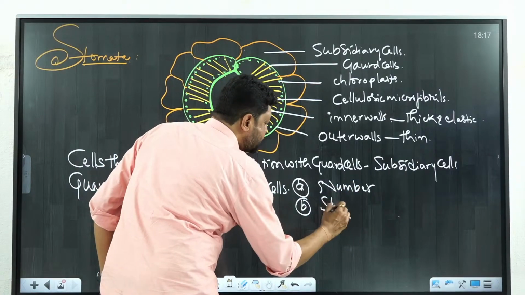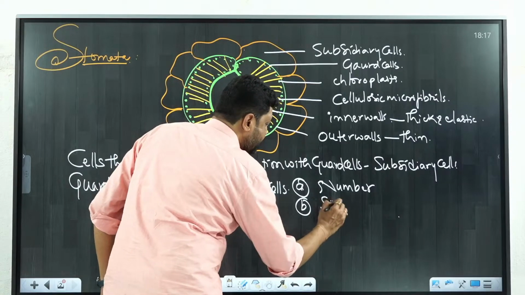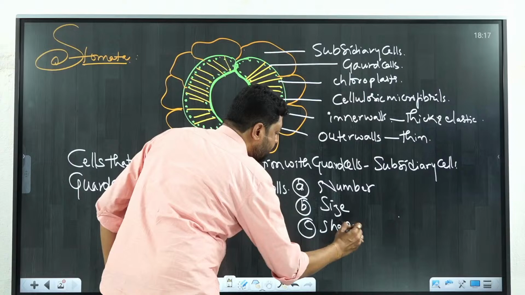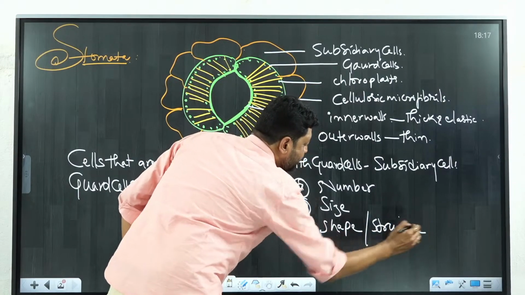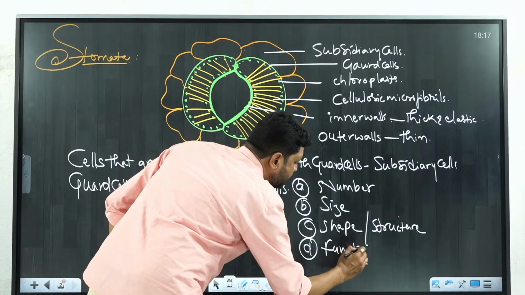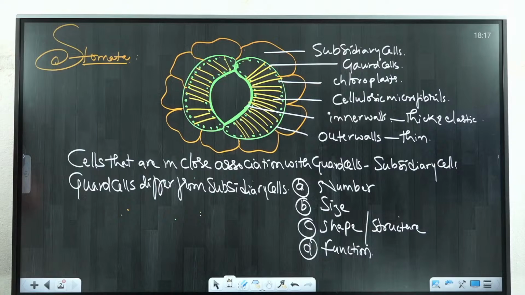B. Size. C. Shape and structure, and most important, D. Function. Was it clear? Guard cells differ from subsidiary cells in being.